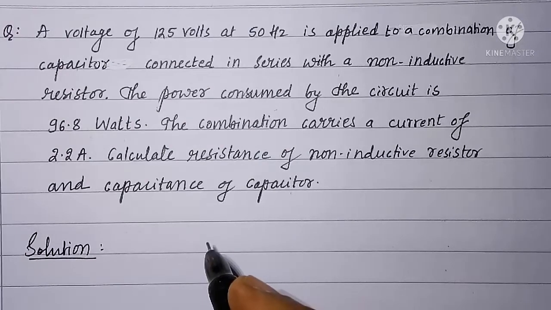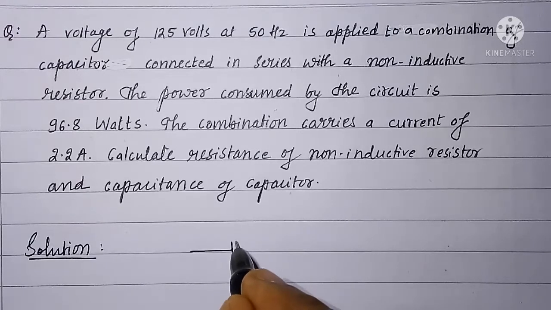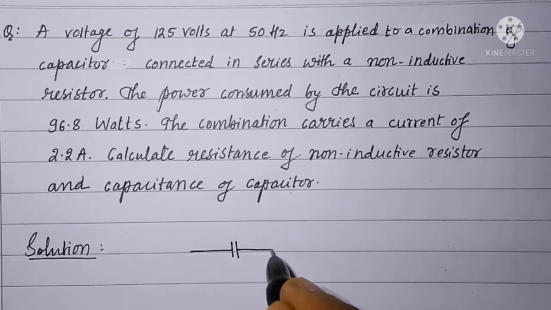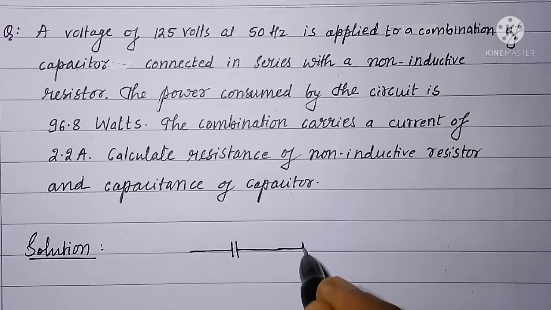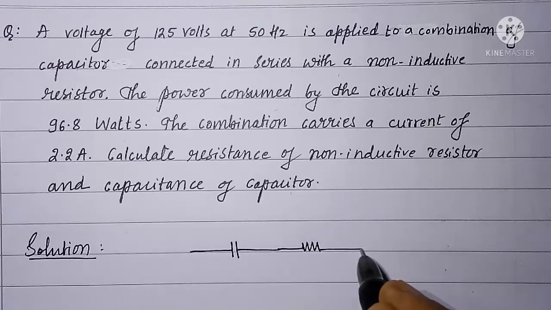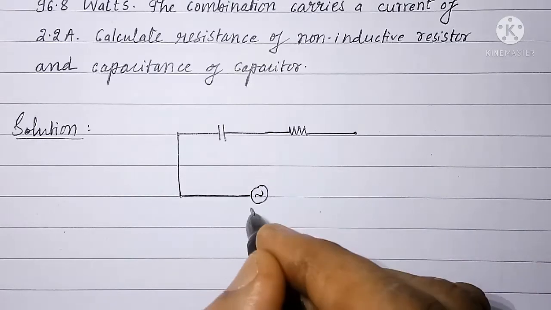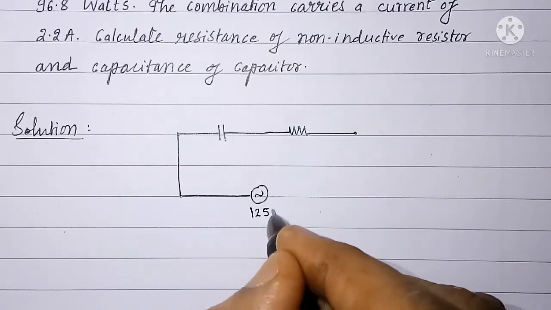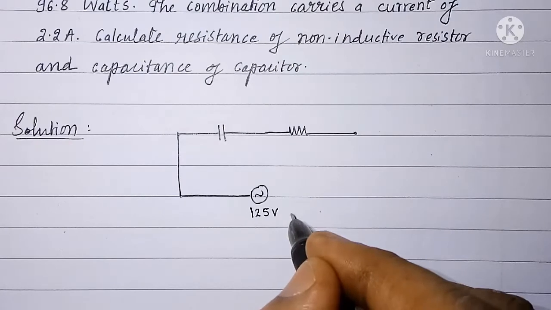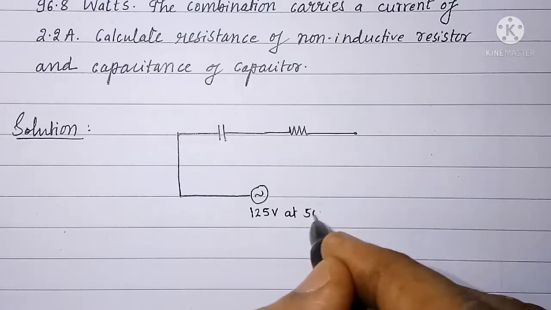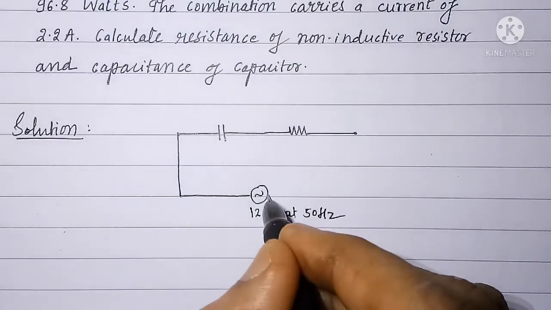We'll draw the circuit diagram first. A capacitor is connected in series with a resistor. Across this combination, supply voltage of 125 volt at 50 Hz is applied.